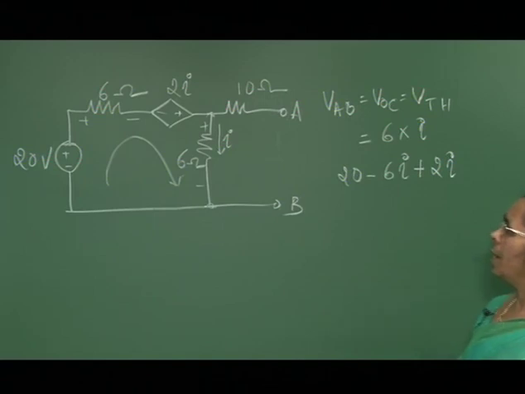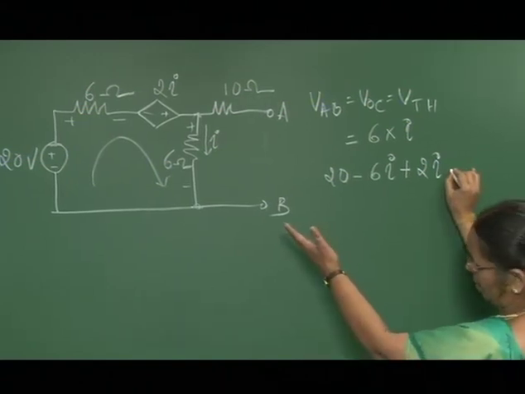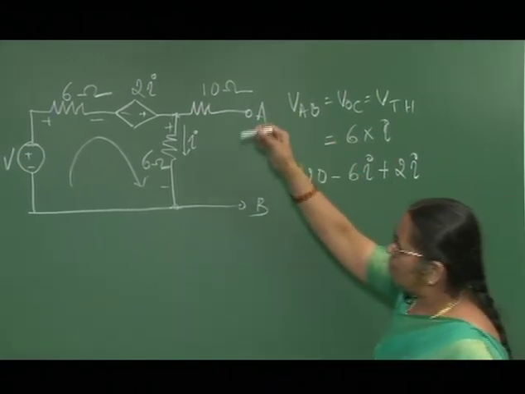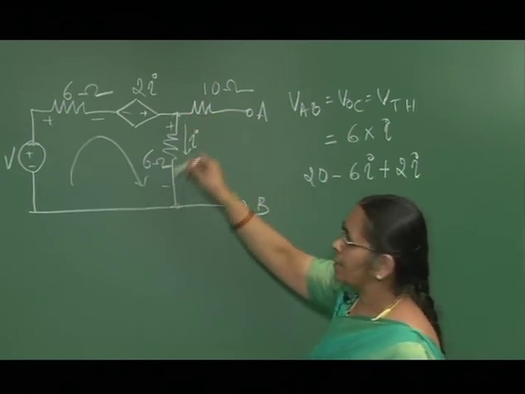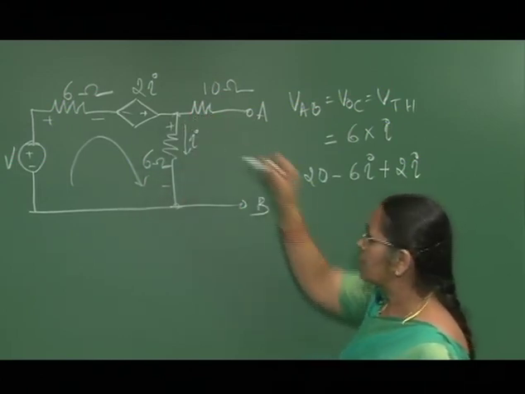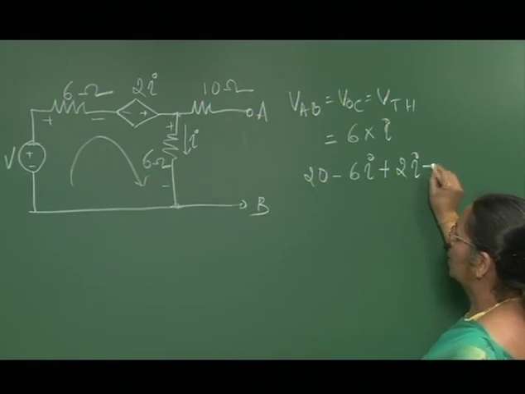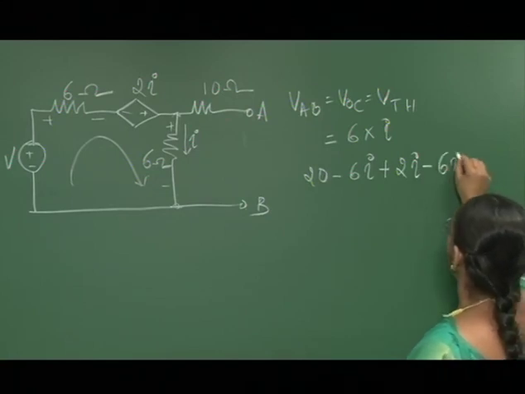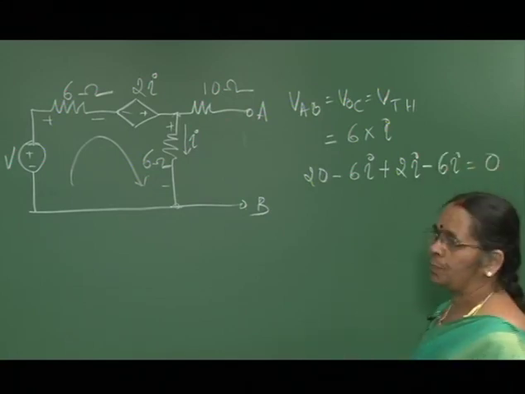Again for the resistance, we are moving from plus to minus, higher potential to lower potential, which is a drop, so it becomes minus 6I, which is equal to 0.